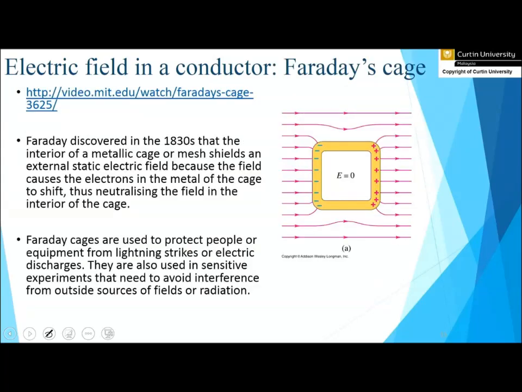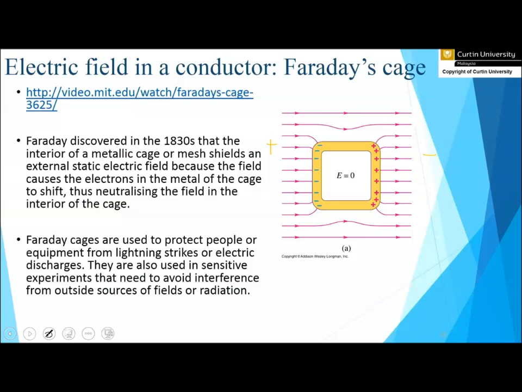Because of this, this is what we call the Faraday cage phenomenon. A Faraday cage is when you have a conductor placed in an electric field. Let's say this is the positive side and this is the negative side.